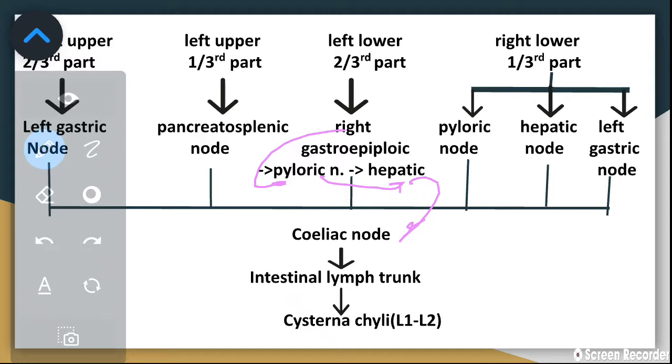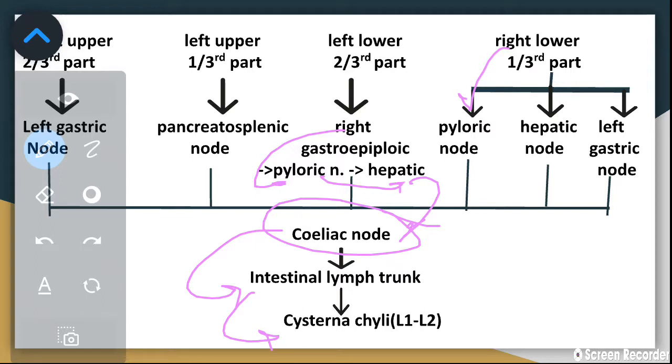Then we have the right lower 1/3 part, which mainly consists of the pylorus. It drains its lymph into the pyloric node, the hepatic node, or the left gastric node, but finally all the lymph nodes drain their lymph into the celiac node, and from the celiac node it passes to the intestinal lymph trunk, finally to the cisterna chyli and then to the thoracic duct.